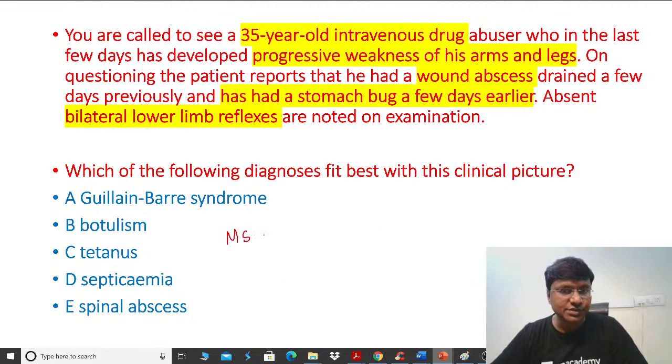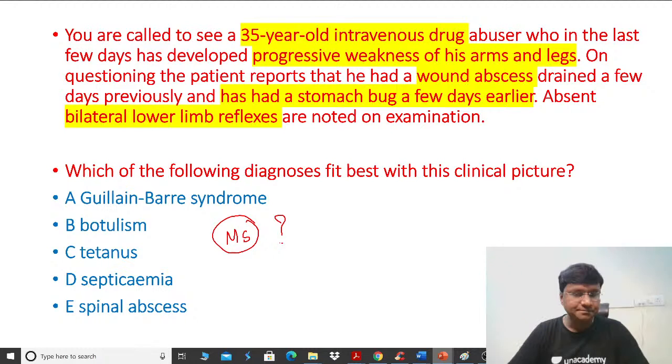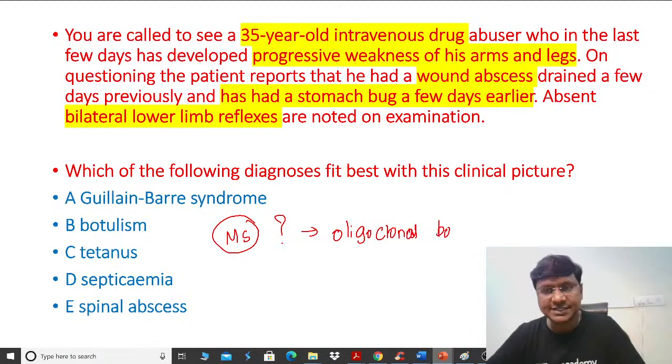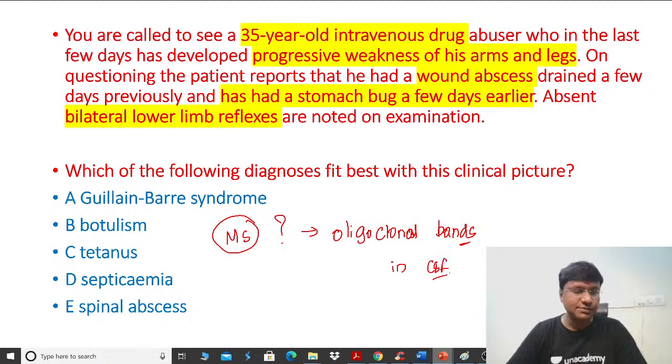Yes, the important CSF finding in patients with multiple sclerosis is the presence of oligoclonal bands. This will be the very important CSF finding in multiple sclerosis, right?